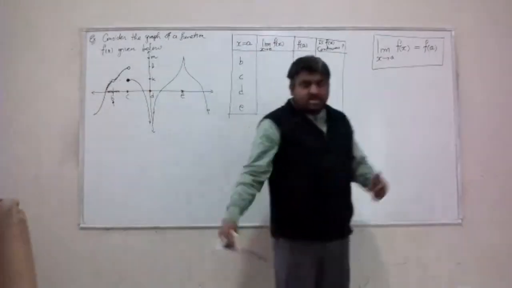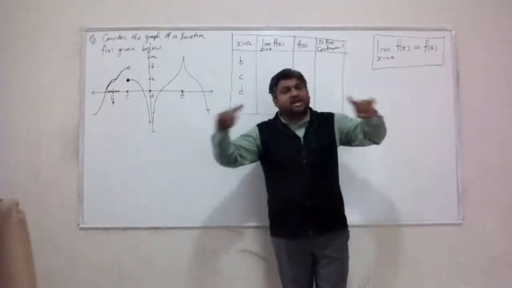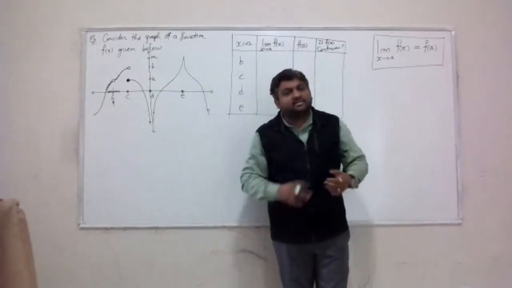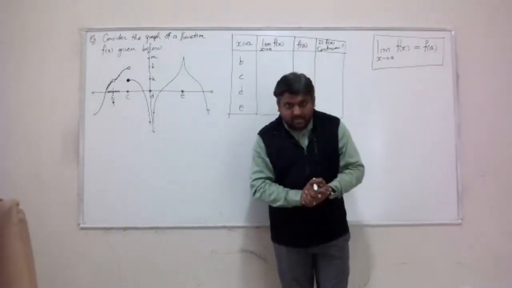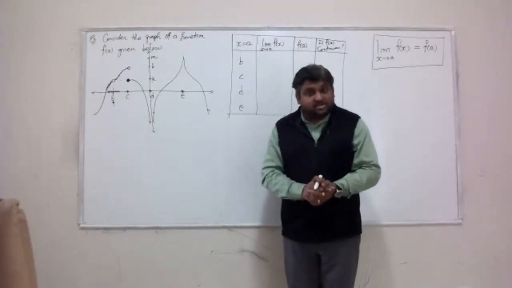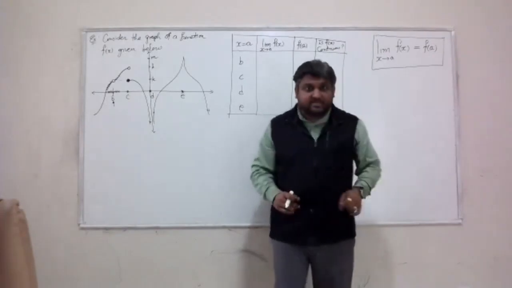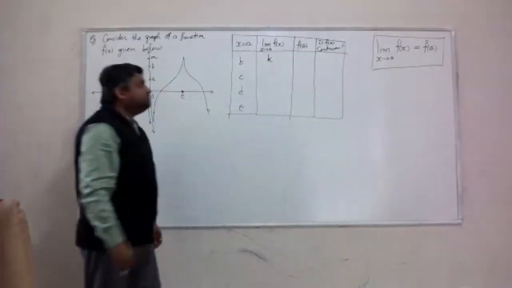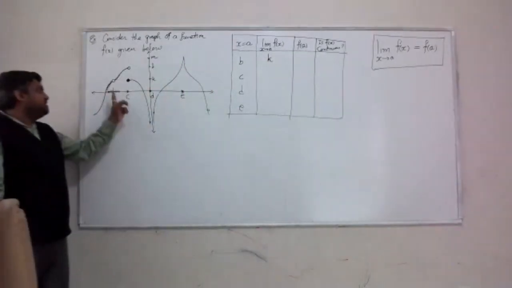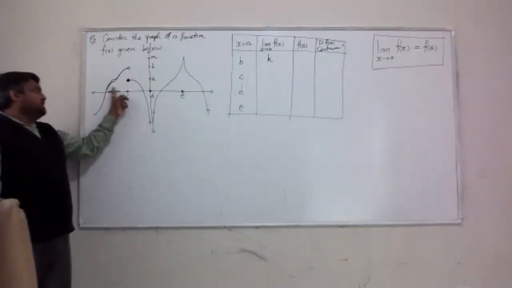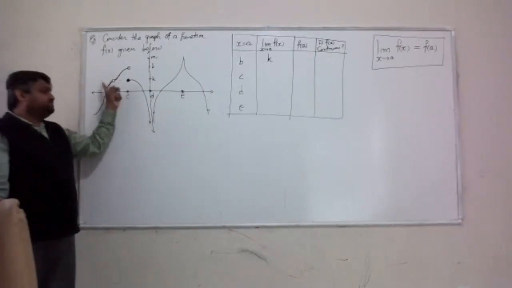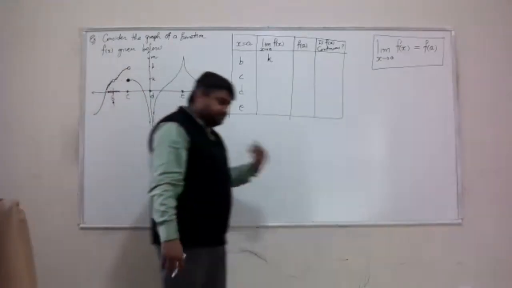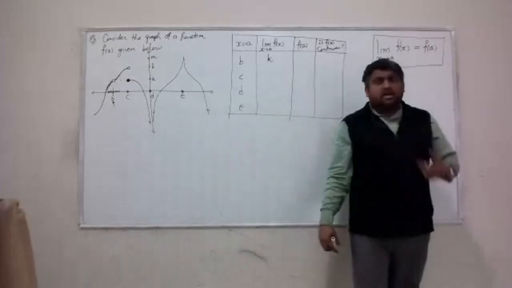All right, meaning that the left prediction and right prediction are exactly the same, right? If left and right prediction are the same, then limit exists and it is the same as that predicted value. So limit of your function near B exists and it is really K.